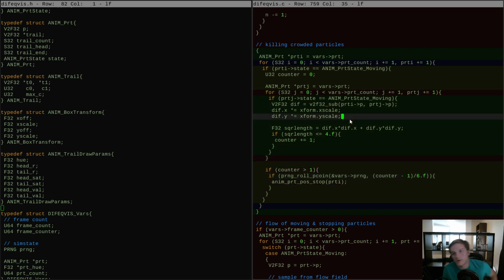So, how do I want to do better? I could measure the density in each region. You know what I mean? Like, I could break the space up into little boxes and measure the density of each box, and then use that as a probability for killing particles, and then decrease the density of the boxes as I go. That doesn't sound so bad.